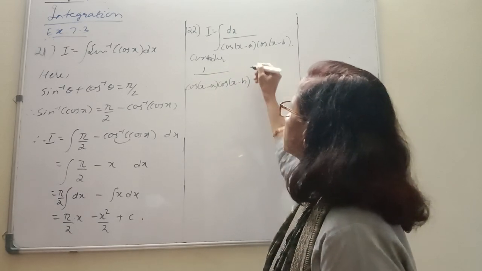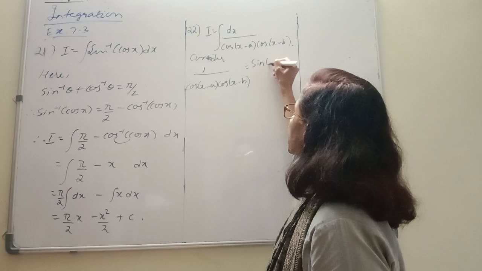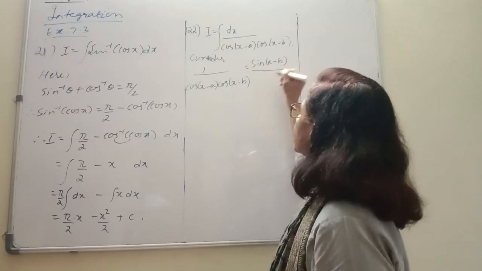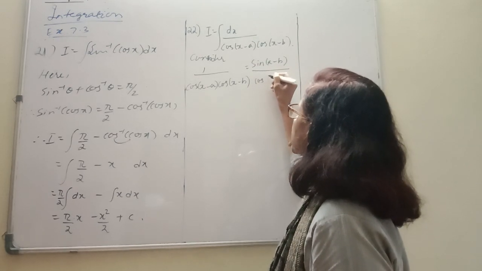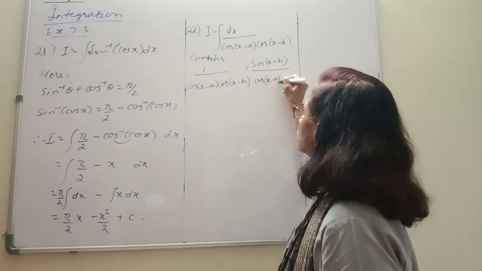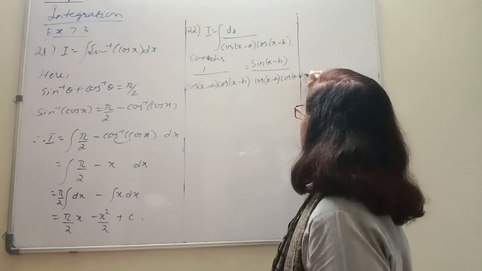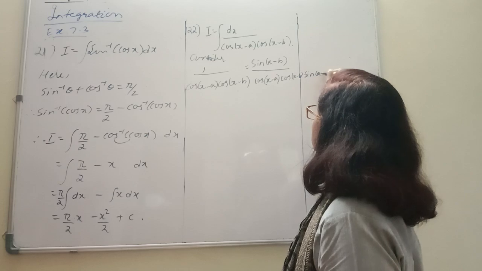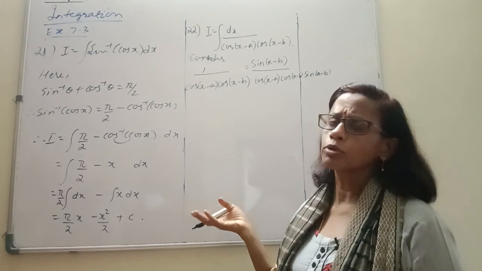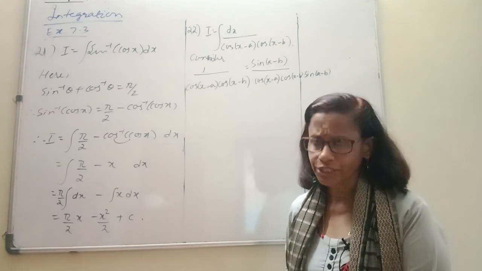For our simplification, let's multiply both the numerator and denominator by sin a minus b. You'll soon know why we are doing this. Since you're multiplying both numerator and denominator, there's no change in the value.